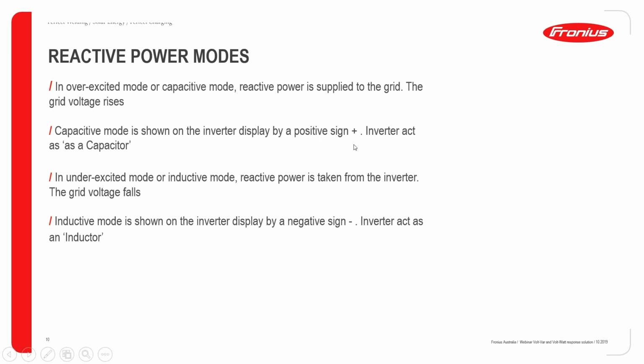So you just have to note the difference: with a leading power factor set, the inverter acts as a capacitor, and with a lagging power factor set, the inverter acts as an inductor.